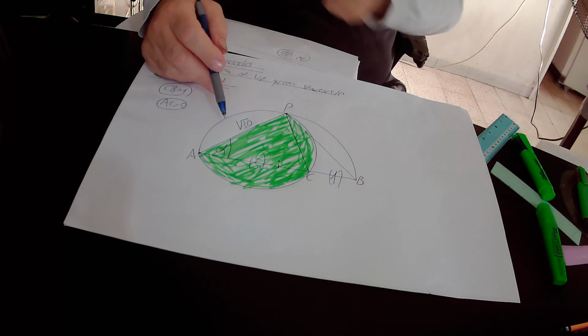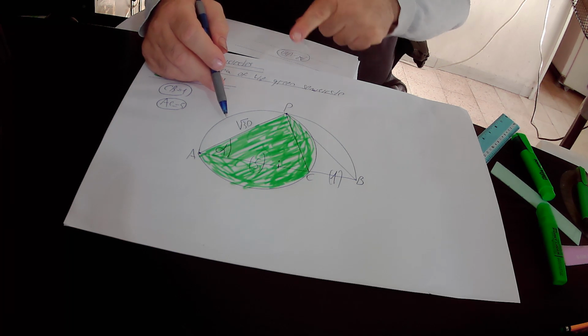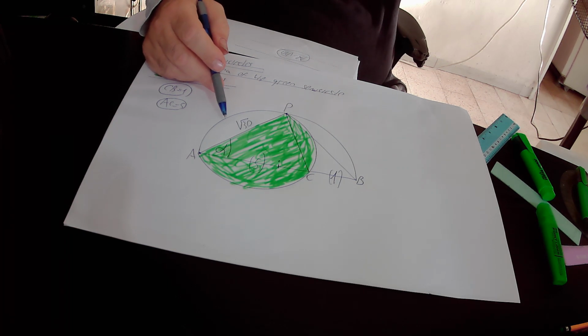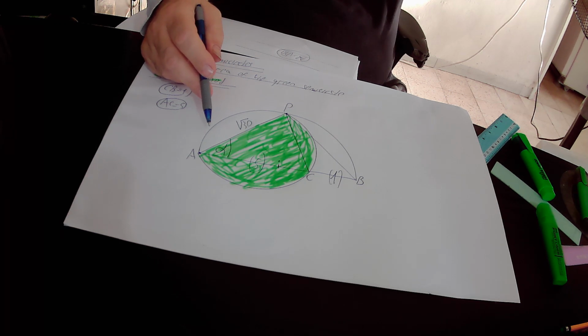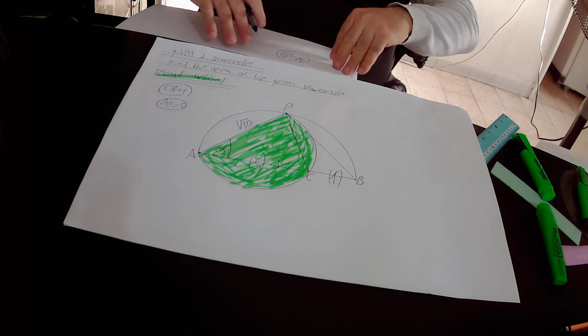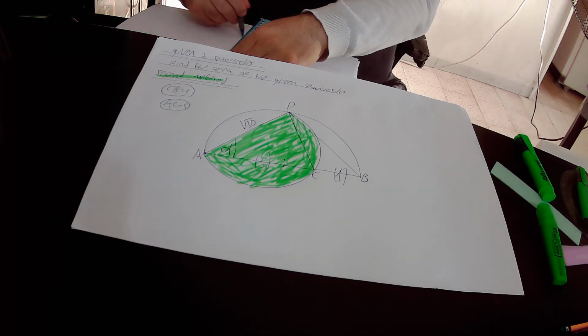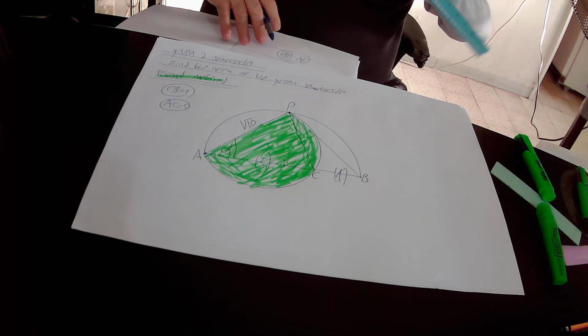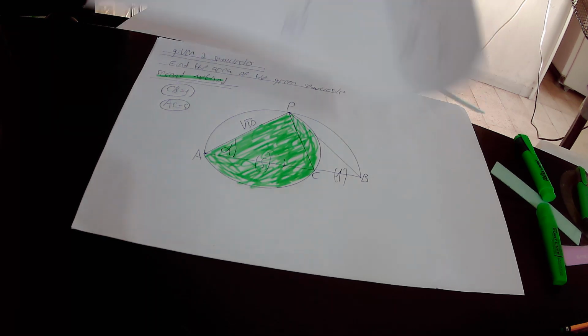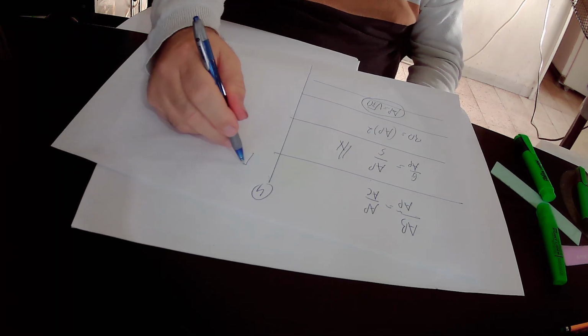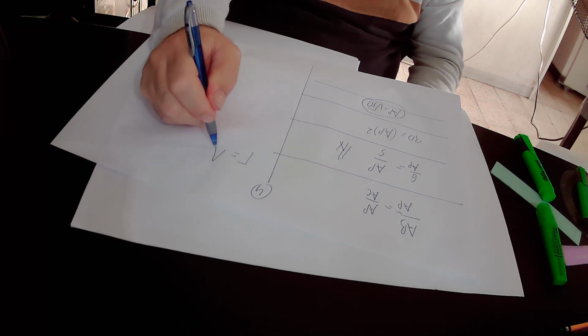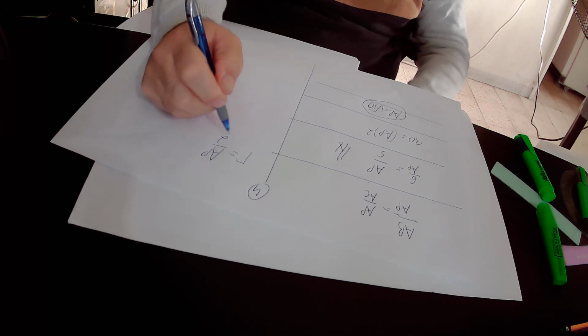So the radius R of this green semicircle must be equal to the diameter over 2, that is to say, the diameter AP over 2.